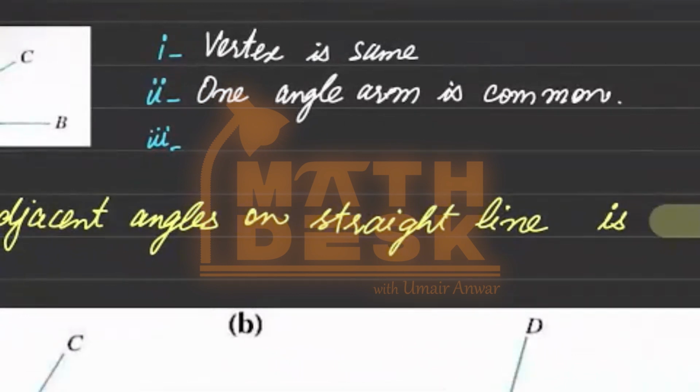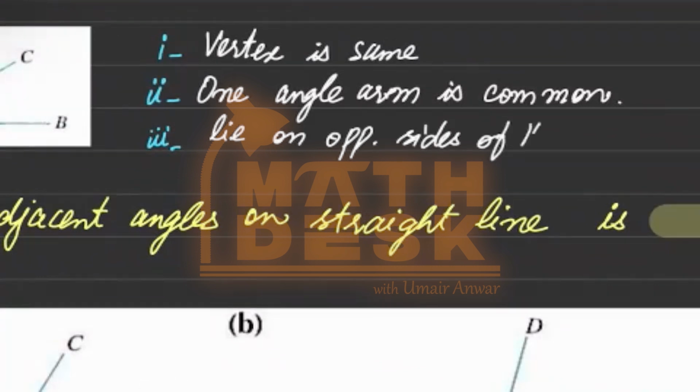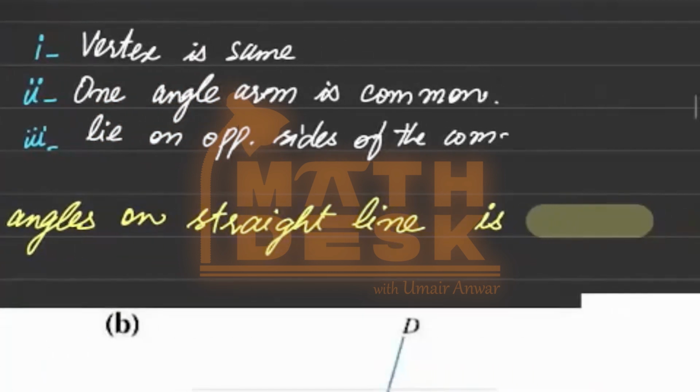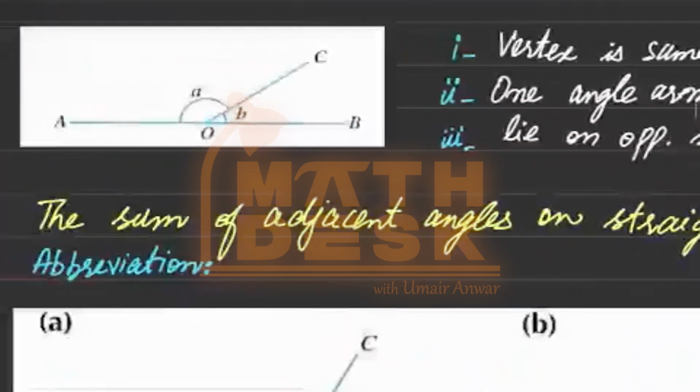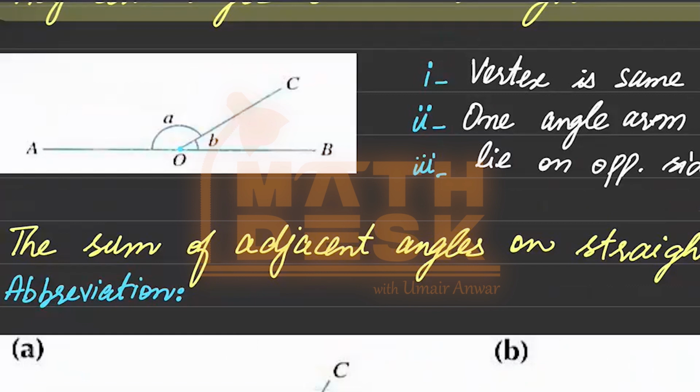Now the third thing is that they lie on opposite sides of the common arm or common side. We can see that their common arm or common side is OC.